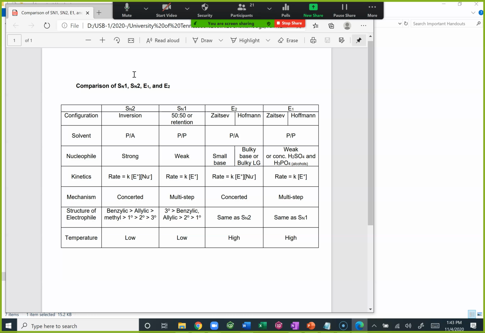We say secondary and primary for the SN1, but those two will never form the SN1 problem. The ones that you have to be vigilant about are the benzylic, allylic, methyl, and primary for the SN2, and the tertiary, benzylic, and allylic for the SN1.